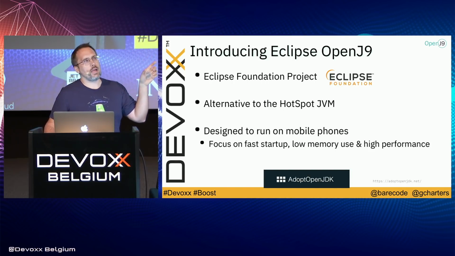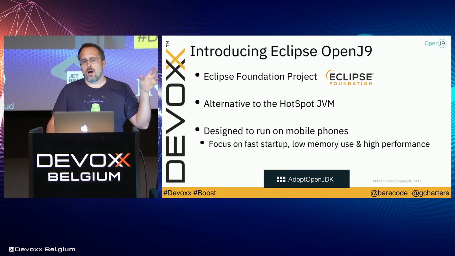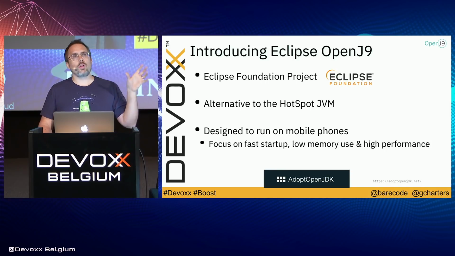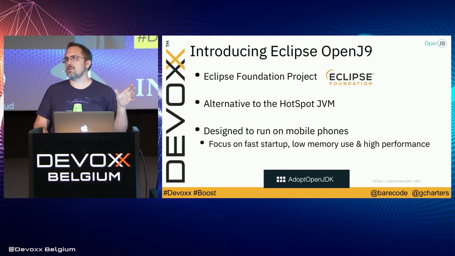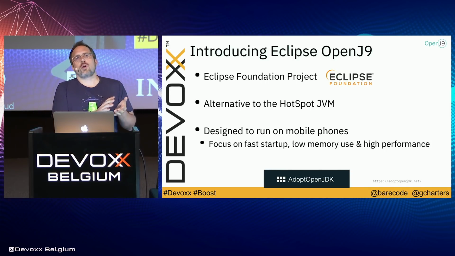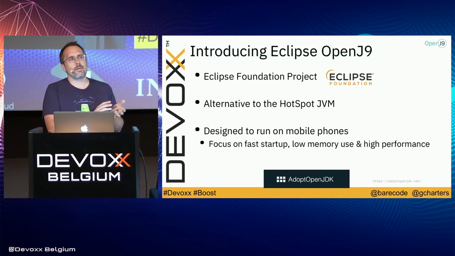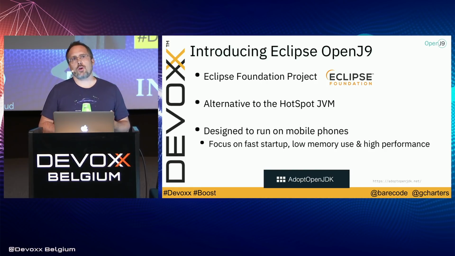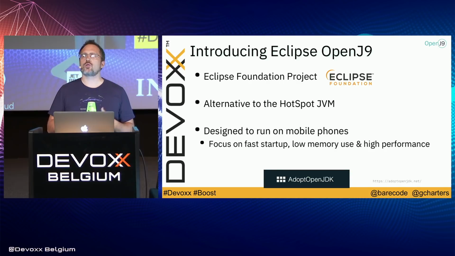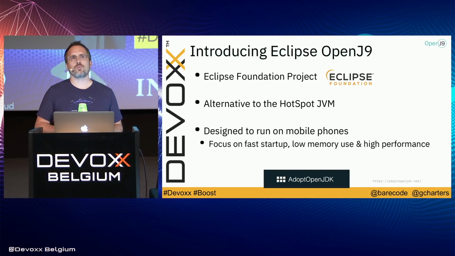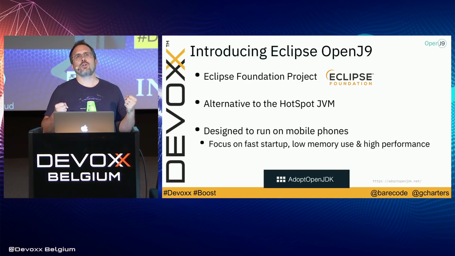So it was designed from the very beginning to have a maniacal focus on really fast startup and really low memory usage and high performance, because let's admit it, a phone is a constrained environment. Now, the cloud is not a phone, but what you want out of the cloud is minimal cost, right? So you want to treat it as often as you can as a resource-constrained environment, because that means you're not going to be greedy and consuming a lot of resources, which you're ultimately paying for.